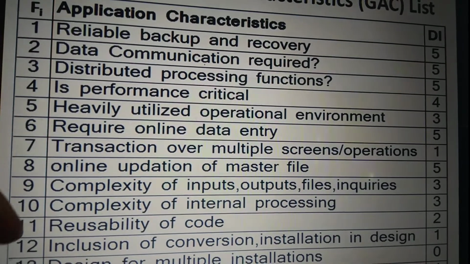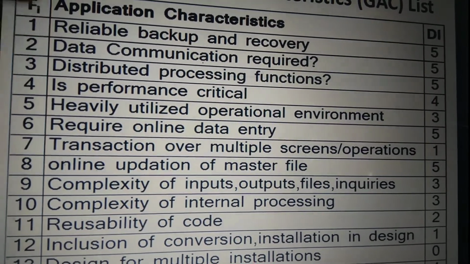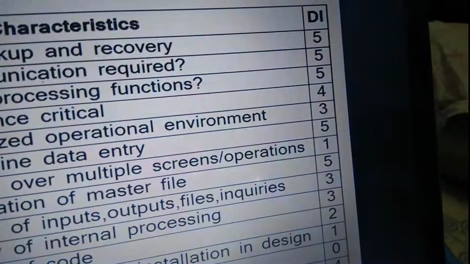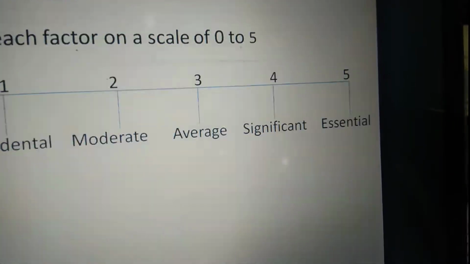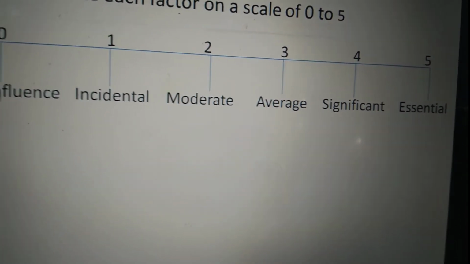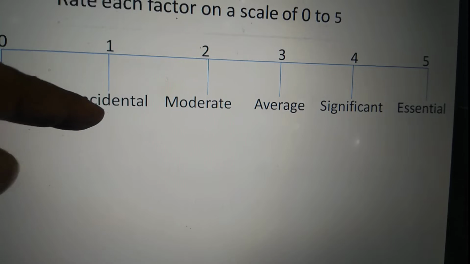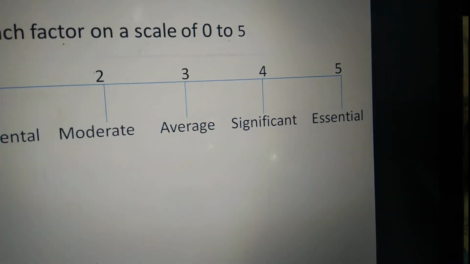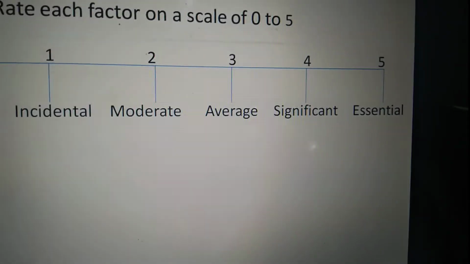So this is the number of characteristics, these are the application characteristics, and this is the degree of influence. Degree of influence is given on this scale: 0 no influence, 1 incidental, 2 moderate, 3 average, 4 significant and 5 essential.